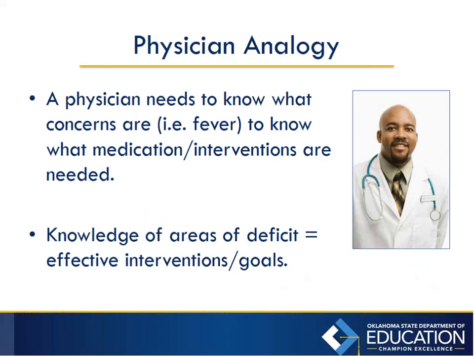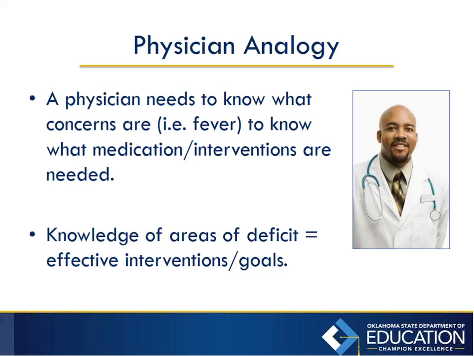The reason that we have a picture of a doctor here is that it's a similar analogy to going to a physician, going to your medical doctor and saying, hey, something's wrong with me. And he looks at you and says, okay, well, what are your symptoms? So that's the same concept of present levels. What are your circumstances, what are you feeling like?